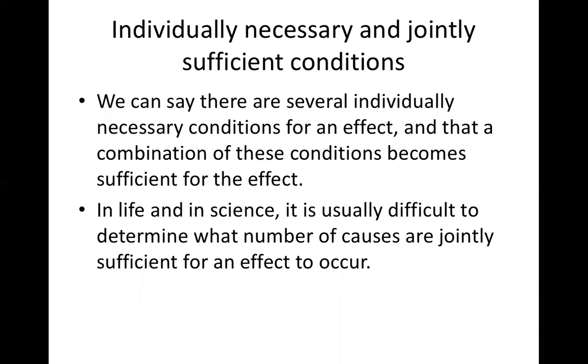For instance, it's not easy to know how many causes will come together to be sufficient for life. We know water is necessary for life, oxygen is necessary for life, sunlight is necessary for life, food is necessary for life.